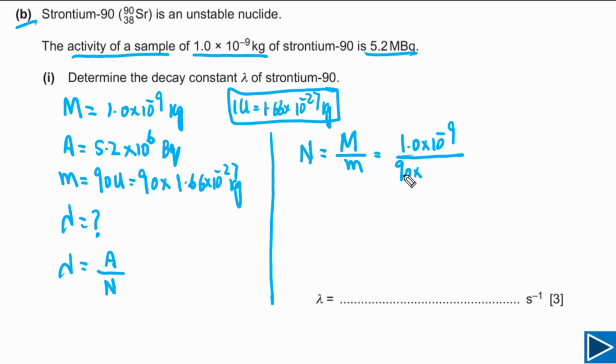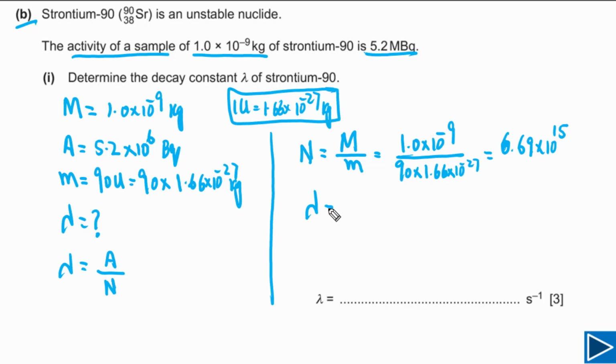And the mass of one nucleus is 90 u, 90 amu you can also say. So here we have to write down the mass of one nucleus. Now if we do this calculation, our final answer will be 6.69 times 10 to the 15. So this is the number of nuclei we have in this sample, and we need to calculate lambda.